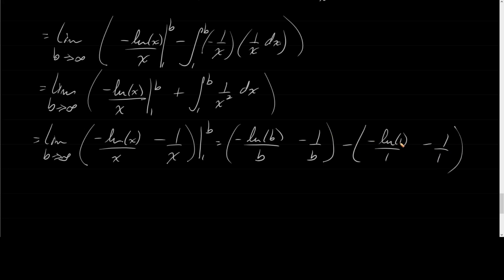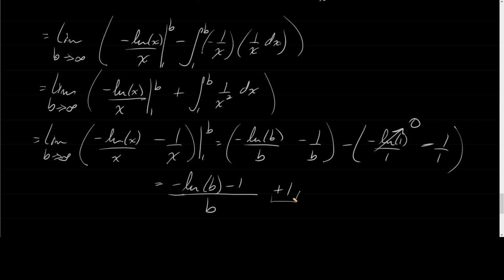And now, let's see what we can do here. Ln of 1 is 0. And then we have minus 1 over 1. So what do we really have here? We have negative ln of b minus 1 over b, right, common denominator. And then minus a negative 1, so that means plus 1.